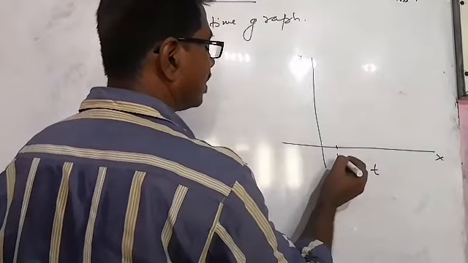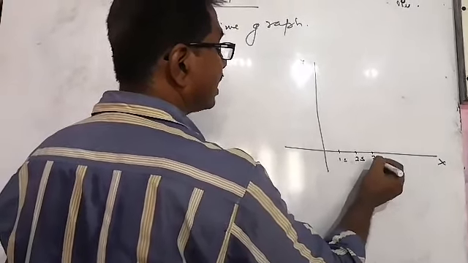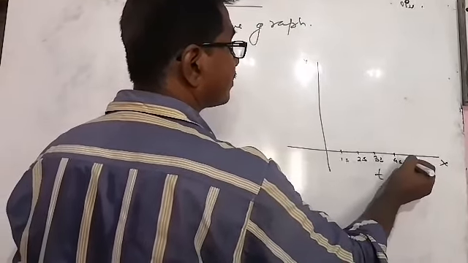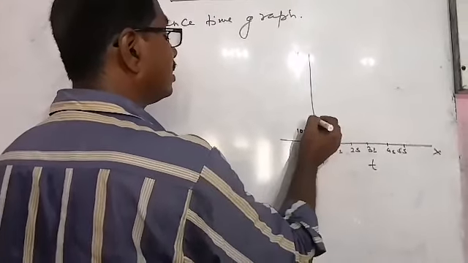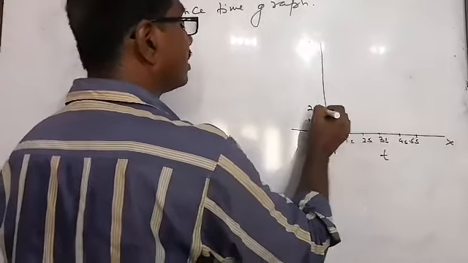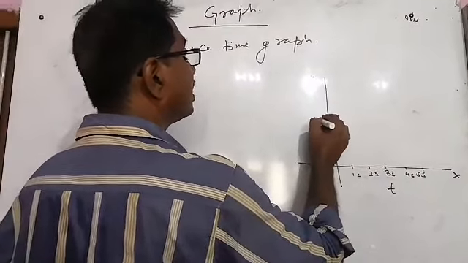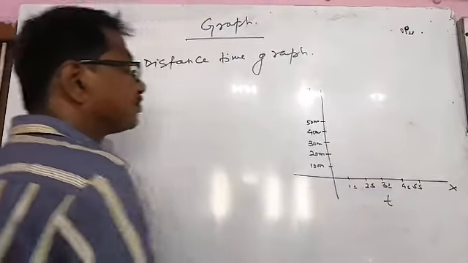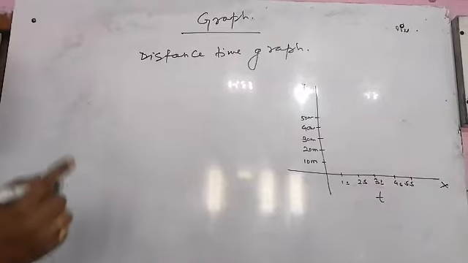Let it be 1 second, 2 second, 3 second, 4 second, 5 second, and let this be 10 meter, 20 meter, 30 meter, 40 meter, 50 meter, and so on, right? So let us think of one of the situations.